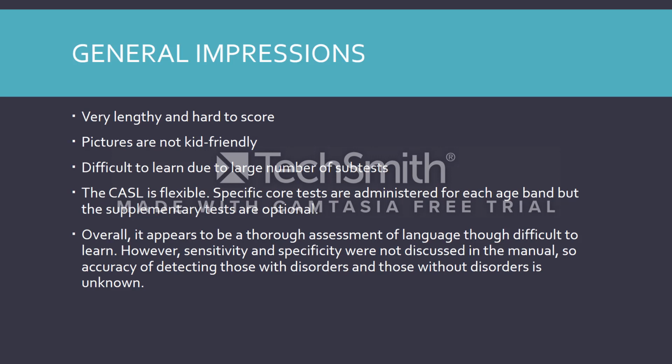So overall, it appears to be a thorough assessment of language, but difficult to learn. However, sensitivity and specificity were not discussed in the manual, so it is a bit difficult to know completely the accuracy of detecting those with disorders and those without disorders.